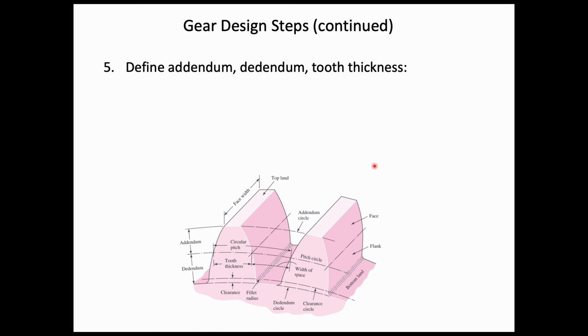This is perhaps the most straightforward step. The addendum is defined as 1 over the diametral pitch. The dedendum is 1.25 over the diametral pitch. So why is the dedendum larger than the addendum? Why are we using 1.25? This allows clearance.